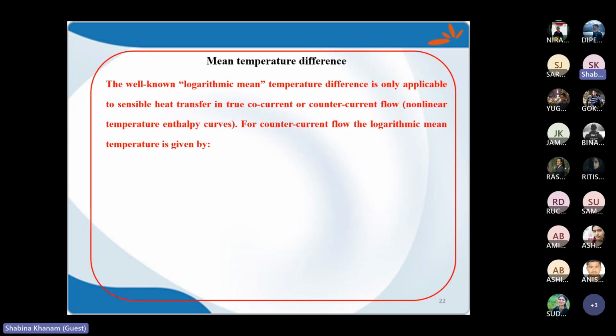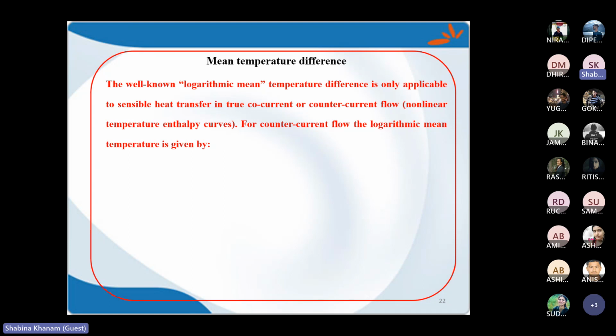Here we will discuss based on a double pipe heat exchanger, and the mean temperature difference which we define here is the LMTD, log mean temperature difference.